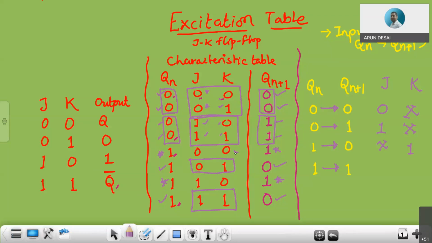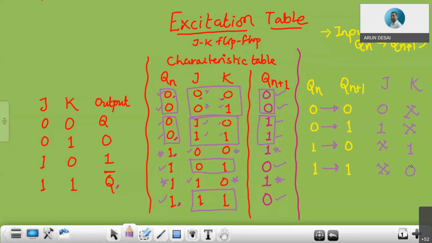So in that case also my K is always 0 and J could be either 0 or 1. So J is my don't care and K is always 0, right? So this is how you convert your characteristic table into an excitation table.